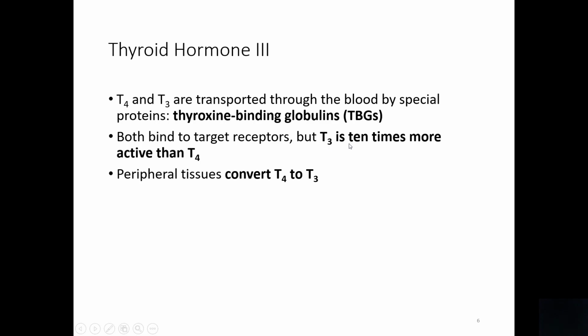But T3 is 10 times more active than T4. That's why when they reach our peripheral tissues, very often T4 is converted to T3. Knowing their structures, you understand that it's only necessary to remove one iodine atom from T4 to convert it into T3.